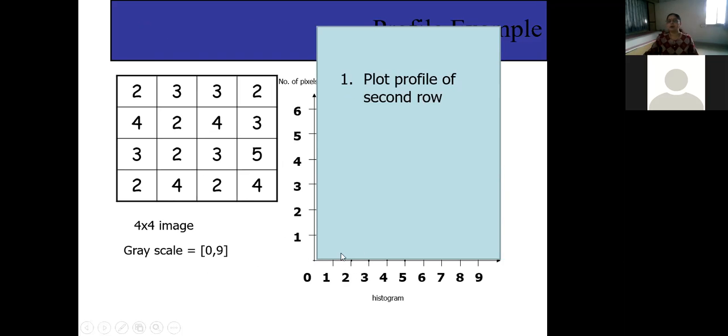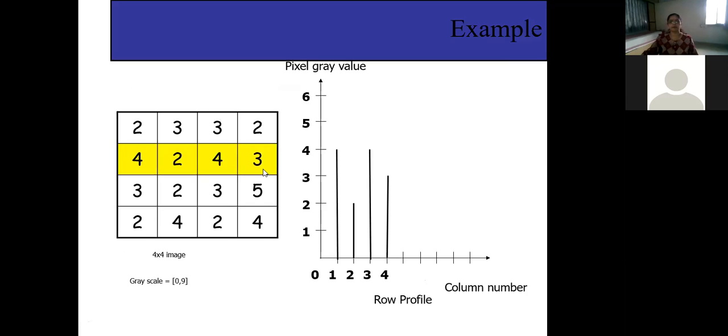And on the y-axis, you have to plot the amplitude or gray value of each pixel. So if we want to plot the profile of the second row, we have to select this particular row from the image and plot it on this graph. This is the simple meaning of profile.